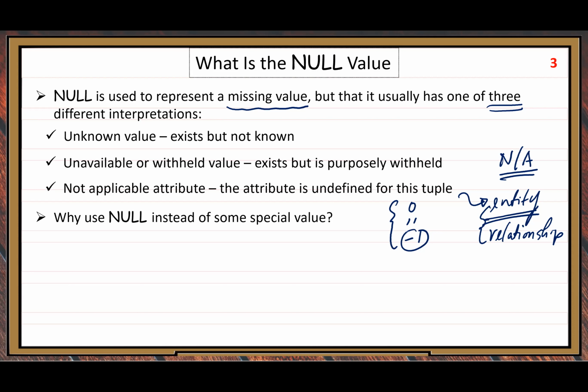Why use null instead of some special value? To make users aware of it. Because if you use other values, users may not be aware of it. When you see 0 or an empty string, it's a normal value.